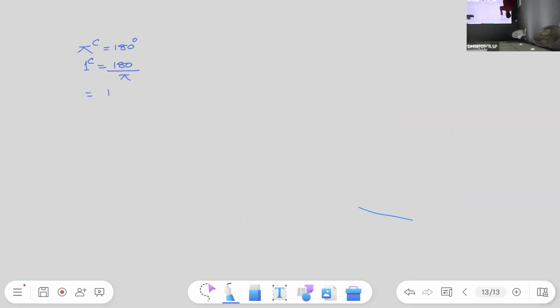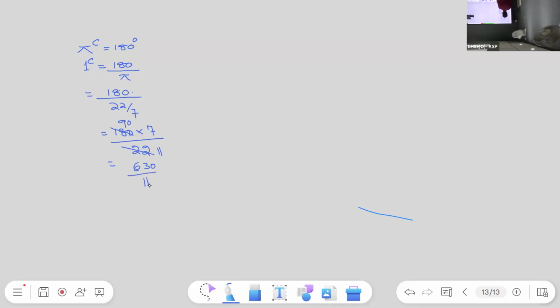This is equal to 180 divided by 22 by 7, which is 180 into 7 upon 22. Cancelling, this will be 90 by 11, and 7 nines are 63, so 630 upon 11.